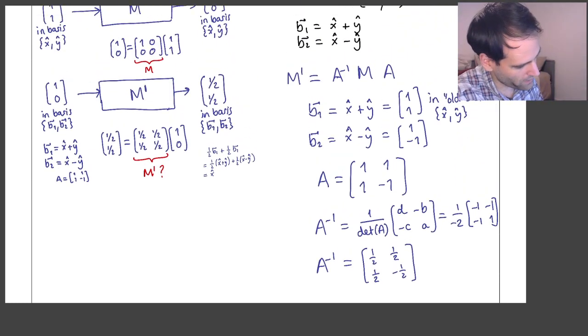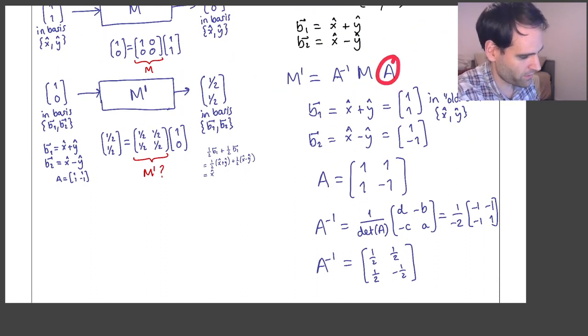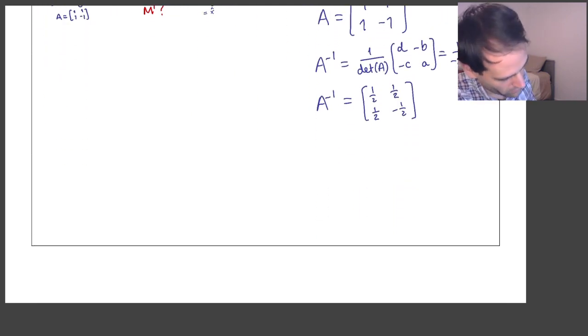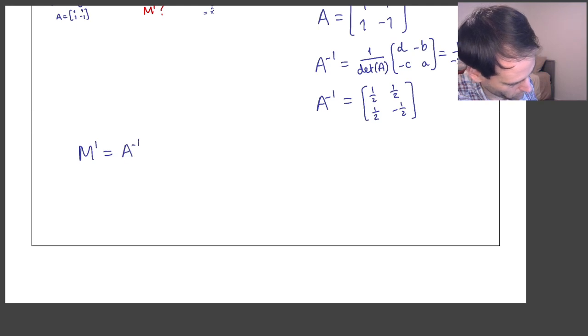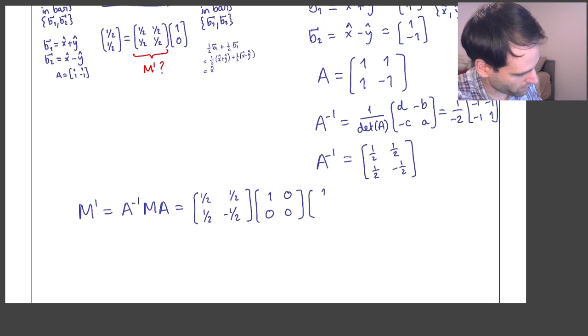So now we have all of the ingredients to change the basis of our matrix. We have A, we have the inverse, and we have M. So we just have to do this multiplication of three matrices. So let's do it. M prime is equal to inverse of A times M times A, which is equal to 1/2, 1/2, 1/2, minus 1/2, times M, times A, which is 1, 1, 1, minus 1.